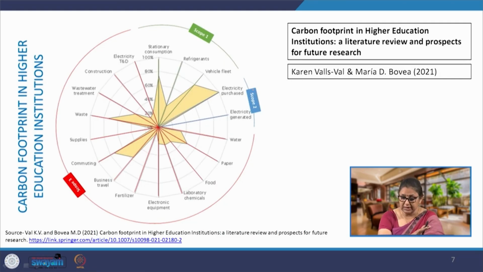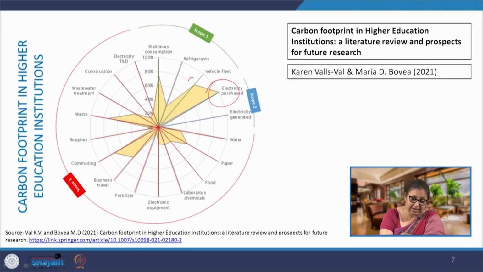Now, this is a generic understanding of how much emissions are coming from which activity. So, what we have done is we have seen the different activities which give us emissions. Now, looking at the specific numbers, we see that the maximum amount of emission is coming from electricity purchased. And again, I repeat, the majority of this electricity which is purchased is going into maintaining a comfortable environment within the buildings.